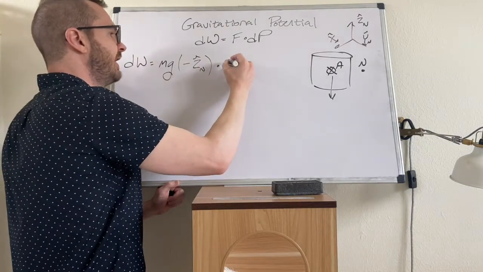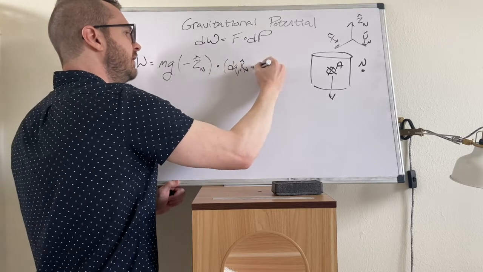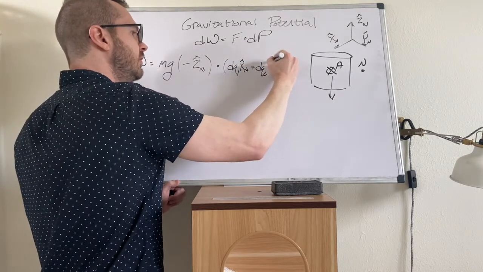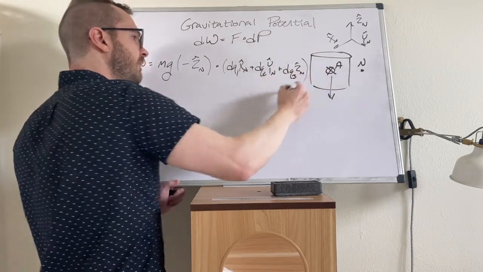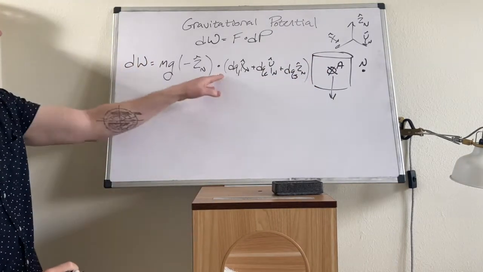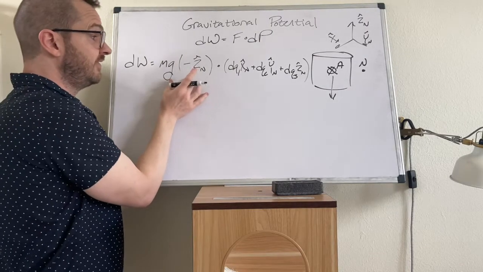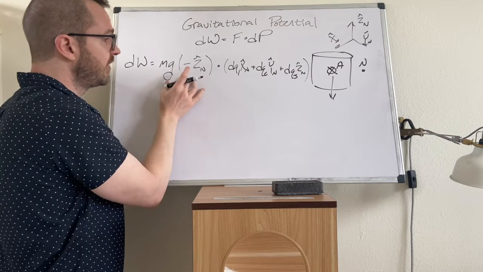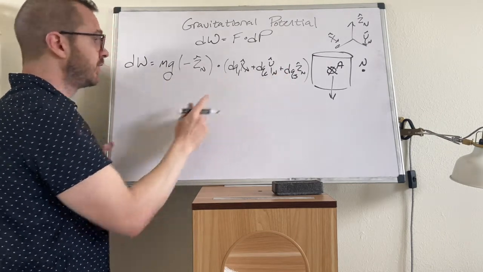And then we are dotting now with dq1 x in, dq2 y in, dq3 z in. This dot product operator is going to take care of the directions for us. The x hat in dotted with this, and the y hat in dotted with this, are going to yield zeros for both of those.